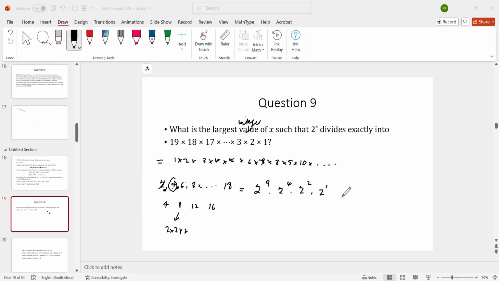You see, 4 is 2 squared, 8 is 2 cubed, 12 is 2 squared times 3, 16 is 2 to the power of 4. So you see, these don't contribute only 1. So this is actually equal to 2 to the power of 16 times an odd number. You can remove all the 2's and no 2's are left, and therefore the highest power is 16.